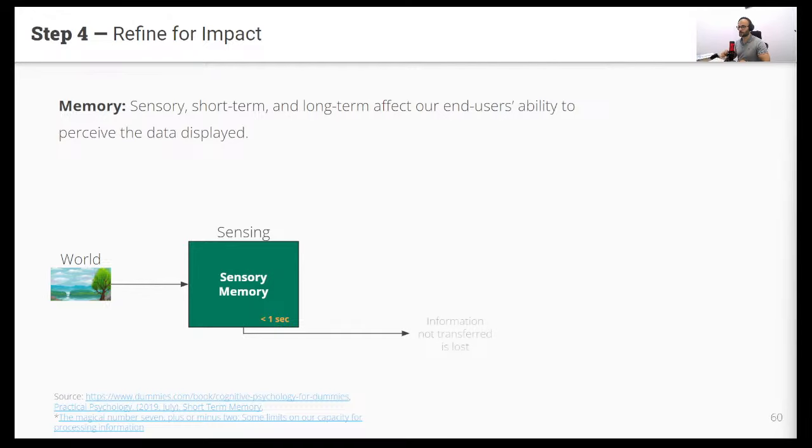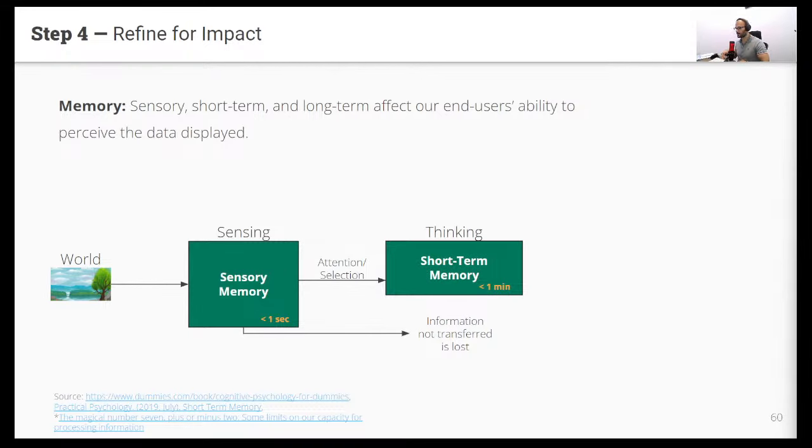So anything that is not registered is lost, and everything else goes to the thinking, which means the short-term memory. And as you might have noticed, the numbers there in the boxes indicate how quickly this information passes through these stages. Less than a second for sensory memory and less than a minute for short-term memory.